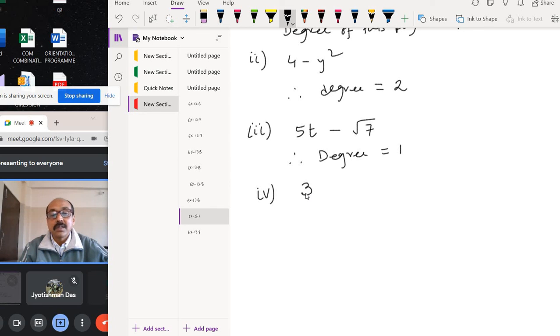That is 3 into 1, it is 3 only. So the degree is 0. This polynomial is a single term only, a monomial. So the degree of this polynomial is 0.